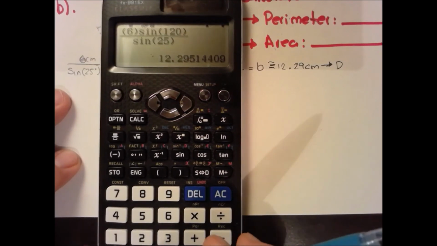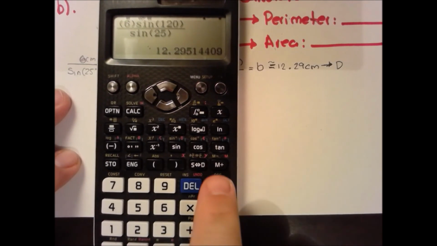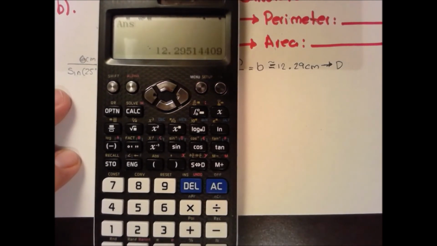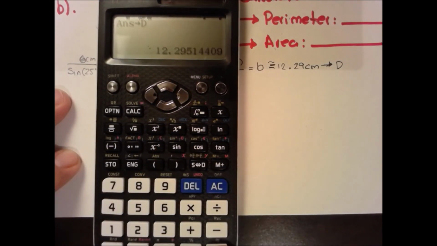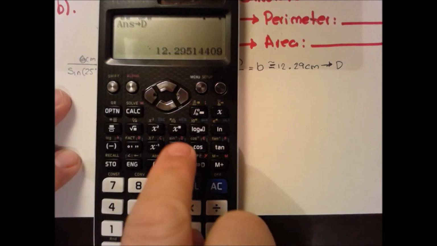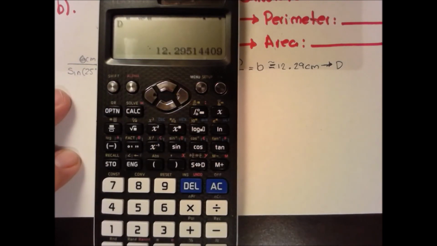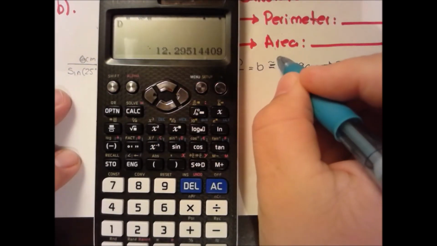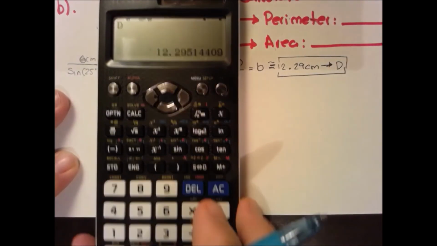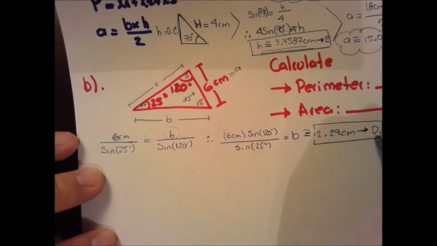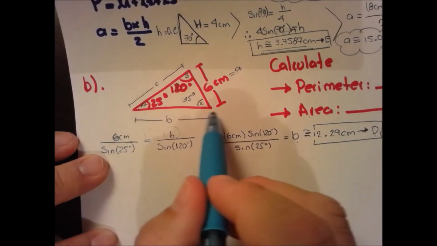So just press ALPHA, then answer, then store D. There we go. Let's check if we have it, and then we have it. So this is going to be the value of D, that is, at the same time, the value of B, that is this side.